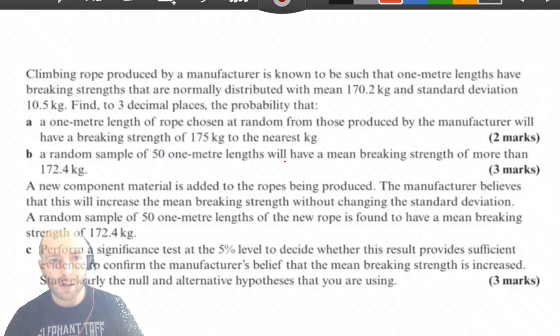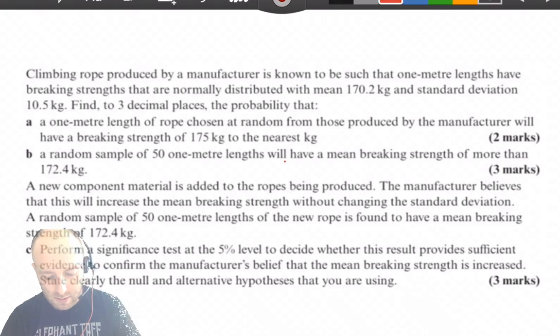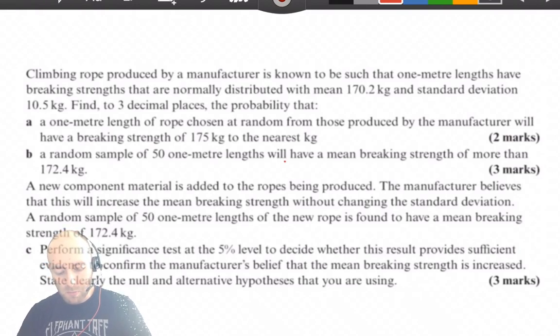So we know the mean and sigma. Part A, find the probability a length of rope will have a breaking strength of 175 to the nearest kilogram. So we need slightly more than 175, slightly less than, and test that value with our normal distribution. Part B, we've now got a random sample.